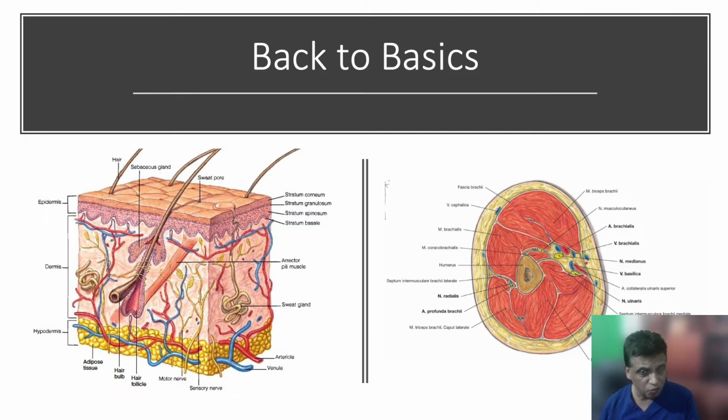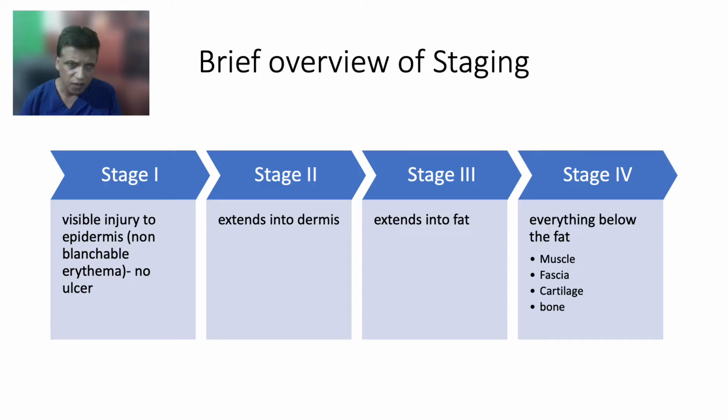So there is minor variation in the soft tissue layers depending on the part of the body that one is focusing on. However, it does not change our pressure injury staging, which we'll very briefly discuss now.